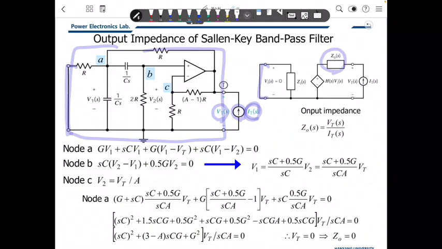Based on circuit theory, we can analyze this system. We calculate that, and then VT is always zero. That means this is 0, therefore that will be 0. So the Sallen-Key filter has a 0 output impedance, so there is no loading effect.